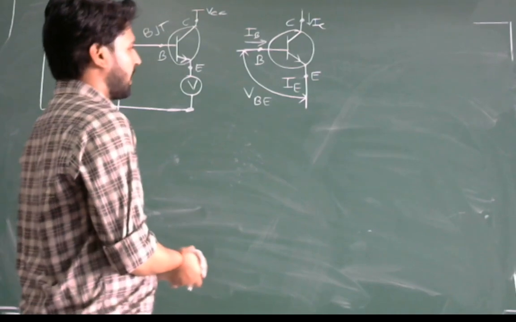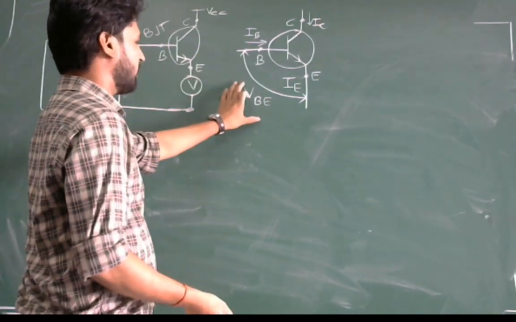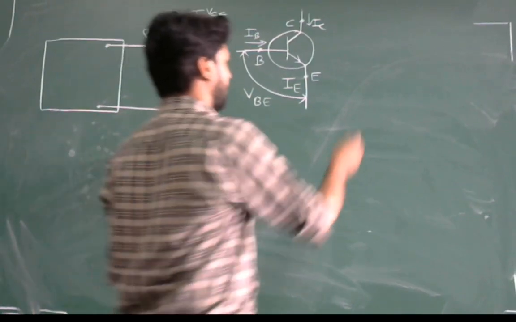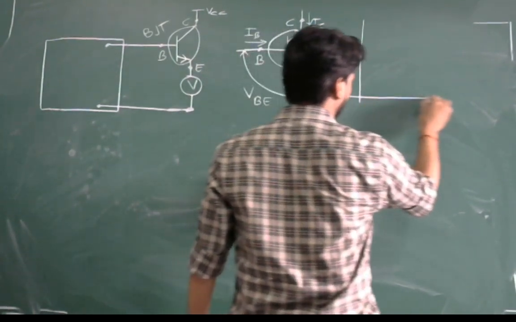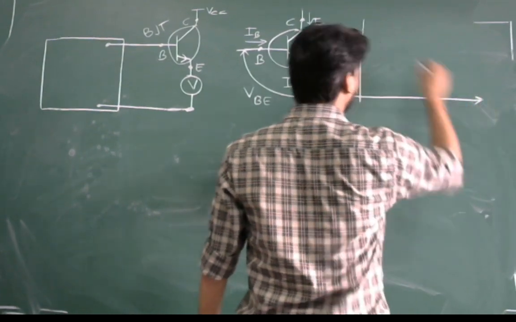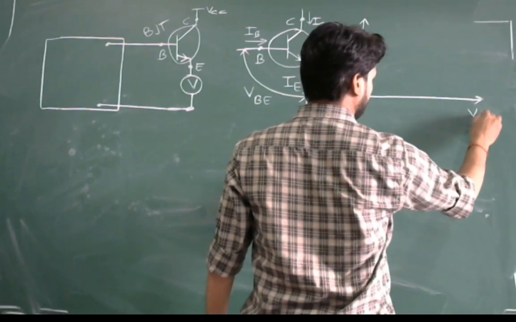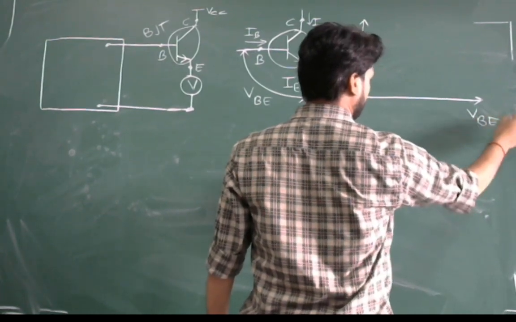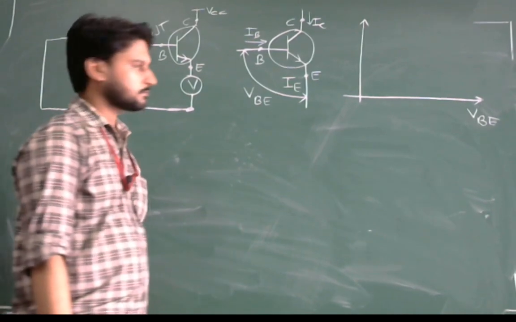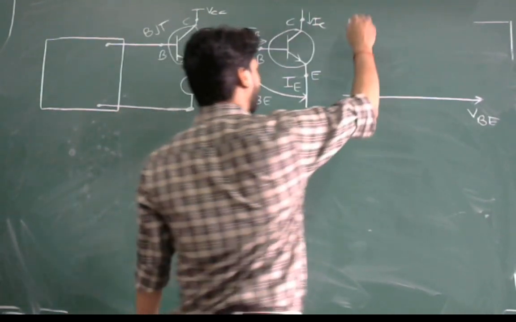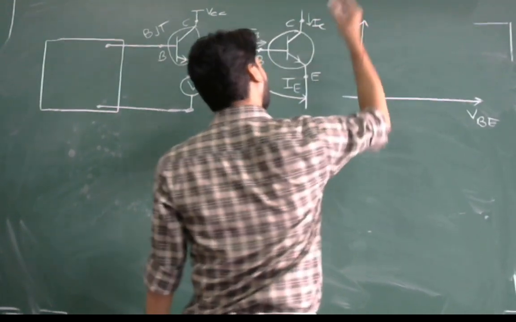If I draw the characteristic between base current and the voltage VBE, we will get a curve like this. This is the voltage applied at the base of the transistor, VBE. This is the current on the y axis, the current going into the base.